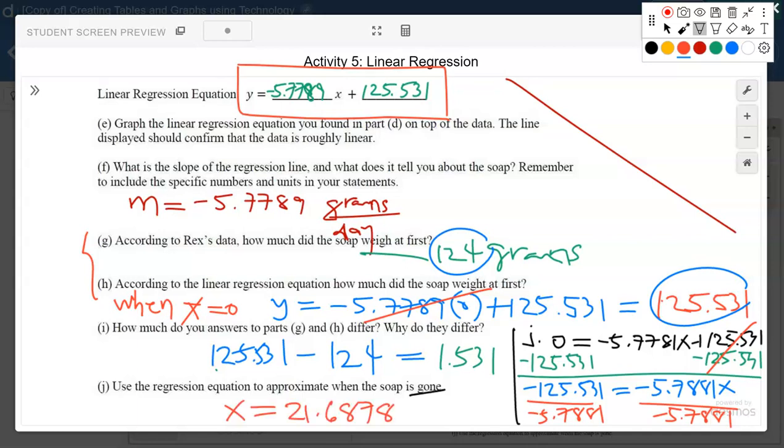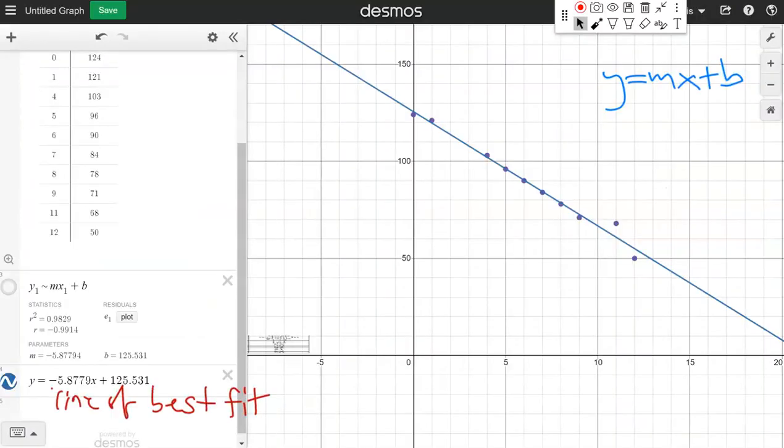You divide negative 125.531 by negative 5.7781, you will get this. It's 21.6878. So actually, you can go back to Desmos and check it.